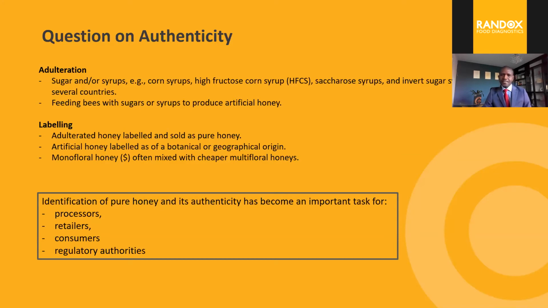Now, labeling is another form of adulteration activity, where not really adulteration, but it is a falsification, especially to do with the composition or the origin of the honey, because we know that monoflorals are very, very expensive. If you have a monofloral honey, the price is a bit high.